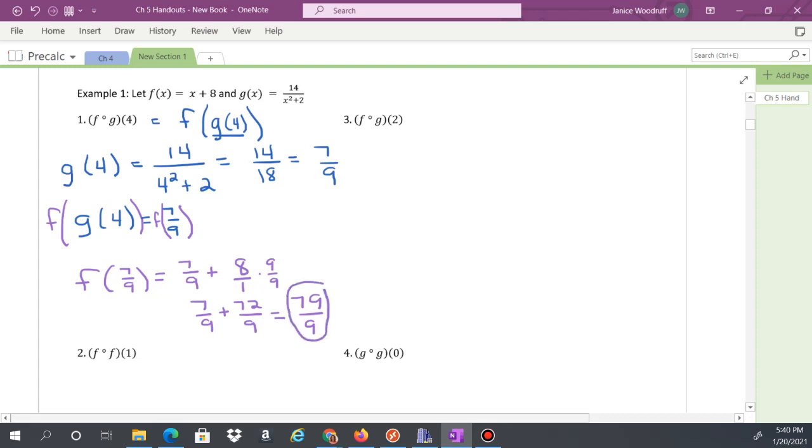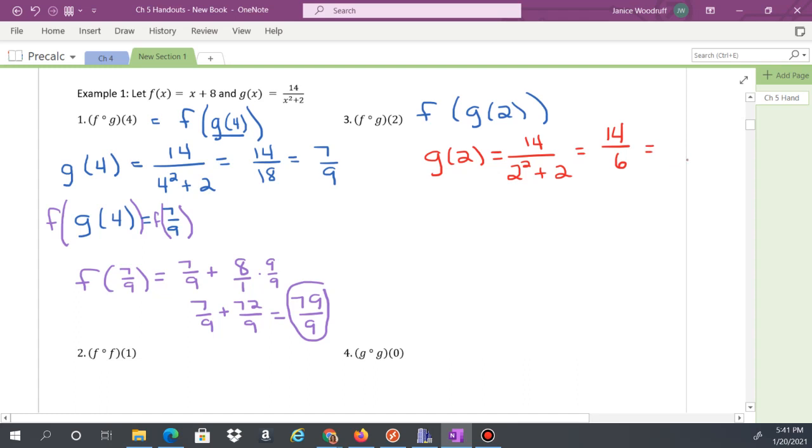Let's go over to example 3. We have f of g of 2. Same thing, I'm going to start from the middle with g of 2. g of 2 is going to be 14 over 2 squared plus 2. 2 squared is 4, plus 2 gives us 6.